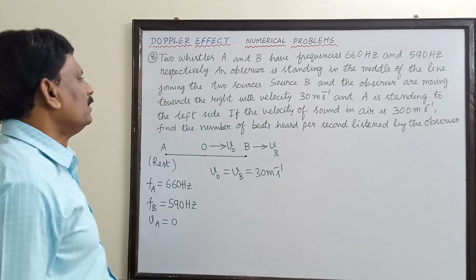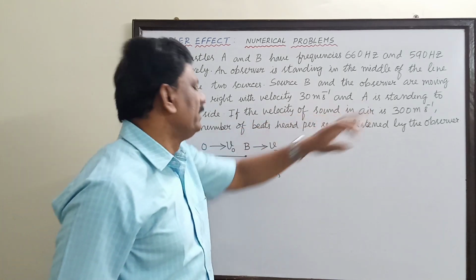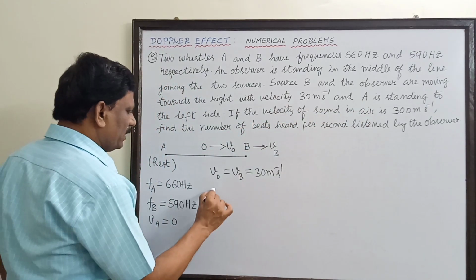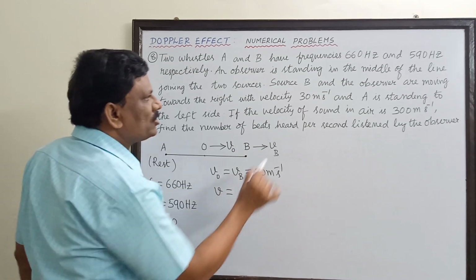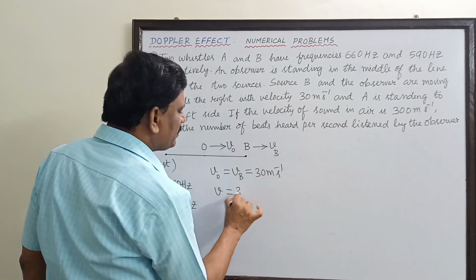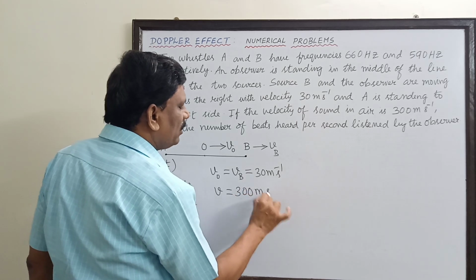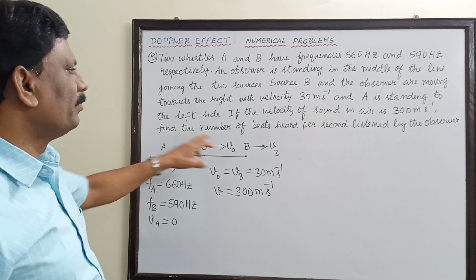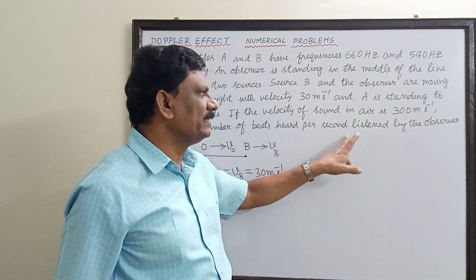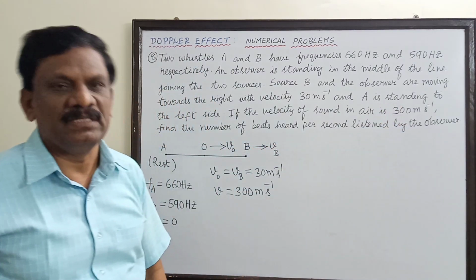The velocity of sound in air is taken as V equal to 300 meters per second. So all the given quantities I have noted. Find the number of beats heard per second as listened by the observer.